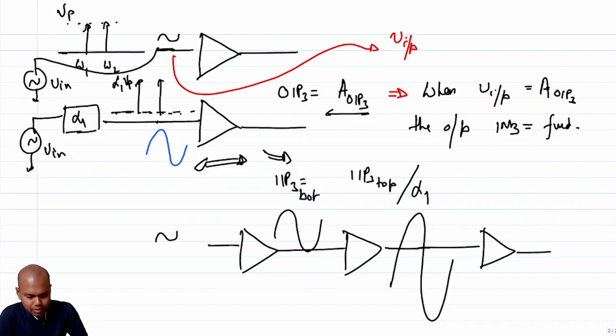Which naturally means that if you are cascading, it has two implications. One is that the input referred IIP3 obviously reduces, but that need not necessarily be a bad thing, right? In fact, that's not a bad thing in general, because it is expected that if the gain is high, the input referred IIP3 will be low, because ultimately you are operating with a fixed voltage supply, right?